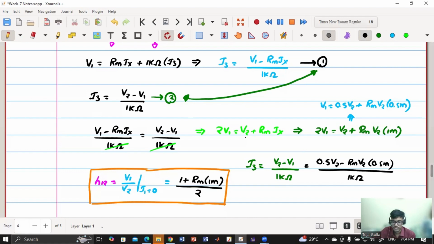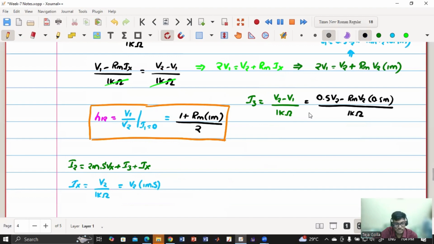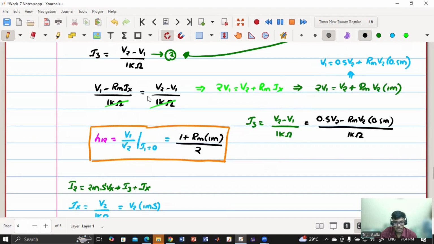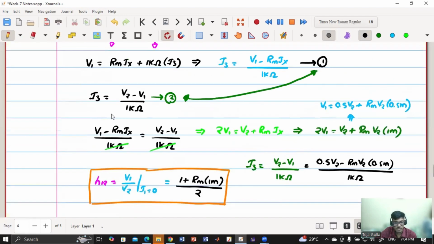This is my I3, agree? I have just substituted this V1 in this equation, so I'll get my I3 in terms of only V2. Clear?